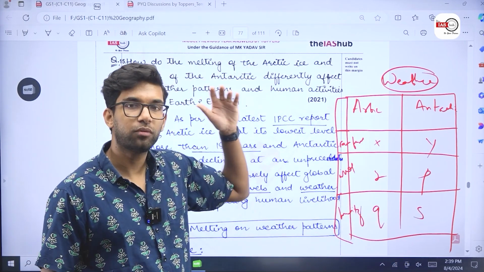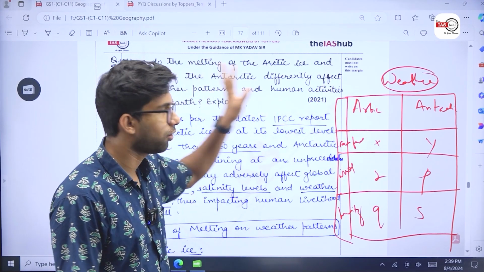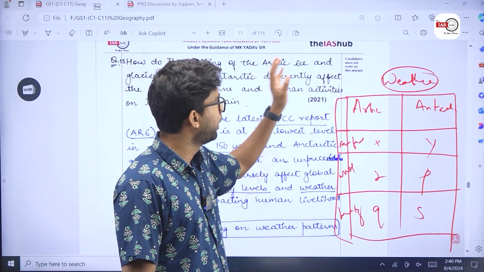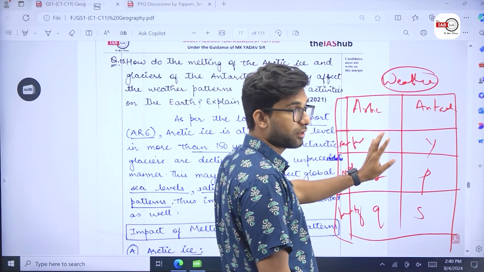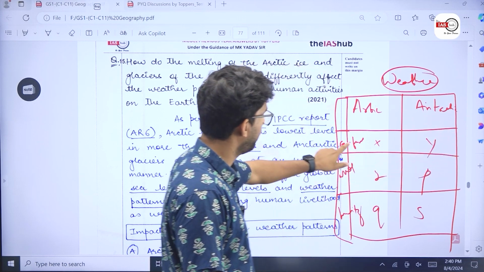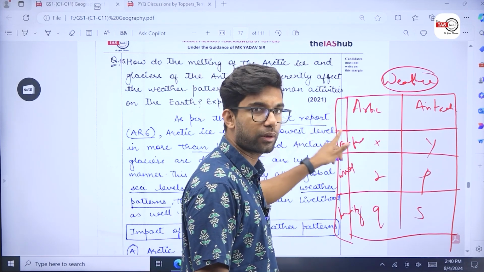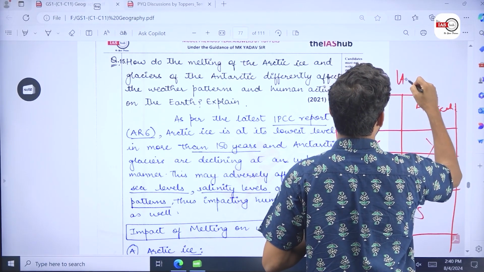However, as we've already said, since we do not have this much information, we cannot write it like this. So first we mention weather, then how Arctic ice is affecting weather and differently how Antarctic ice is affecting weather, with each parameter, like how it affects rainfall. Similarly, the next part should be human activities.